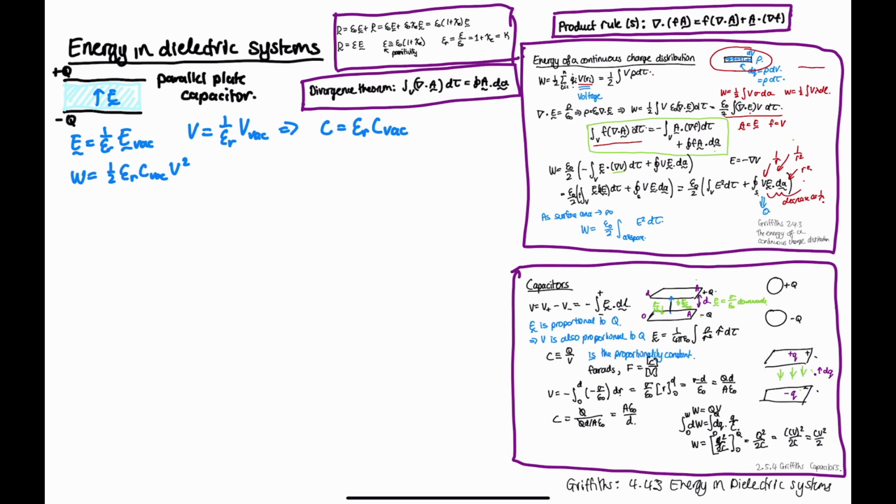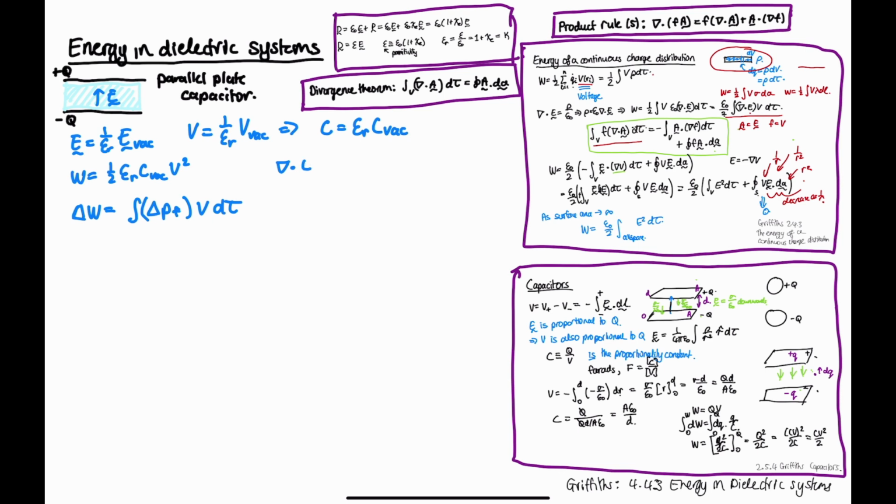So if we consider bringing in a little bit of free charge, then the work that is needed to bring in this little increment of free charge is given by the free charge times the voltage times d tau.